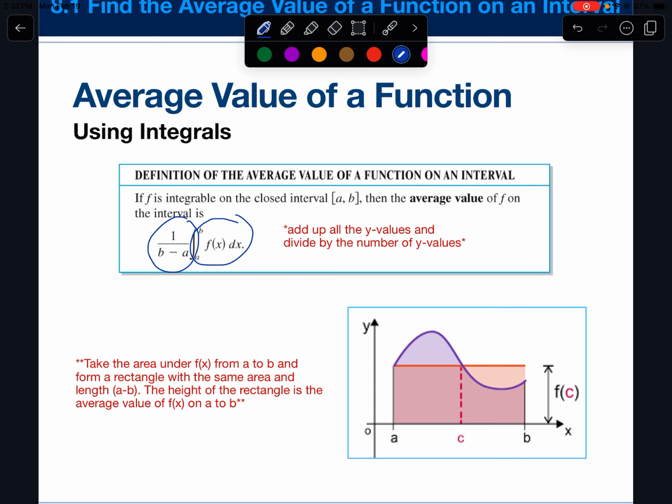Well, if you do so, maintaining the same area and the same length, the height of that rectangle then is that average value of f of x. And I think the diagram does a pretty good job of showing how the height of that rectangle looks, the average y value of that purple curve from x equals a to x equals b.